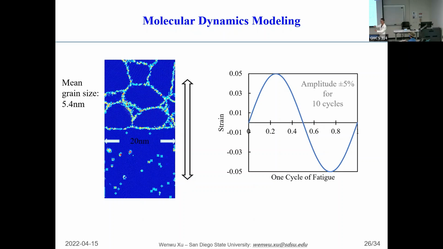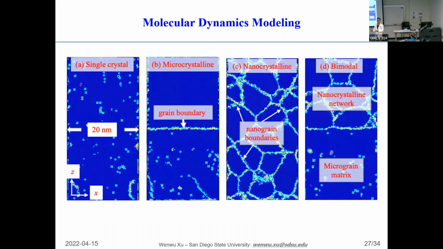We can apply this sinusoidal fatigue testing, which is a very typical type of mechanical fatigue testing in experiments. And of course, we want to compare with some other scenarios so that we can have a better understanding. For example, we can conduct exactly the same fatigue testing for a single crystal model, or for a microcrystalline model in which we only have one grain boundary in the center.